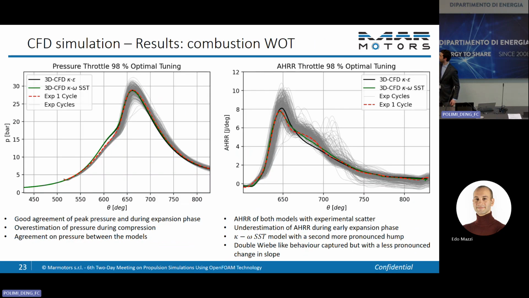And you can see that, for example, with the K omega, we can get a better result compared to the epsilon. So the interaction between flow and flame is in fact very crucial, and so is the improvement of the mesh, really having a good boundary layer, also considering what Max has shown before. I think this is even more important in a rotary engine than in a piston engine. So it's something that we are looking at.